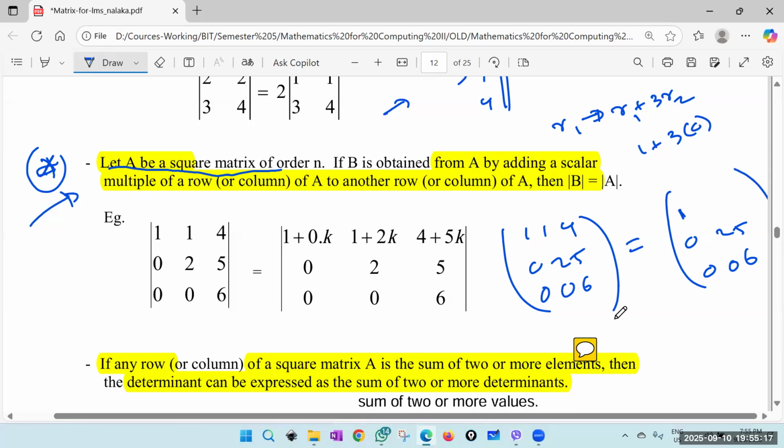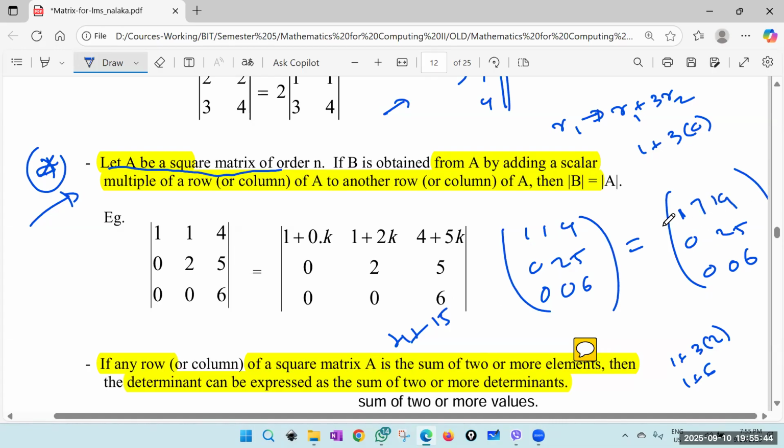That is 1 plus 3 times 2, that is 1 plus 6, 7. So then what about this? Row 1, that is 4 plus our constant, we took it as 3, just an arbitrary number, times 5, 15. 15 plus 4 is 19.